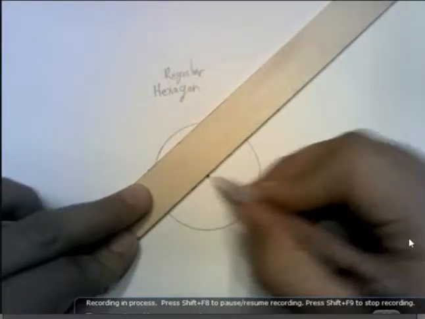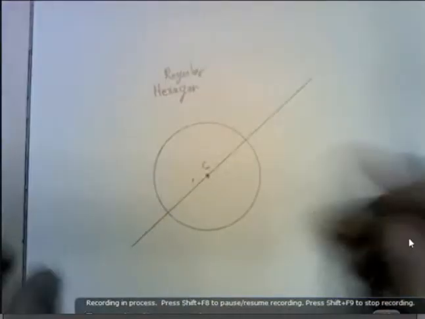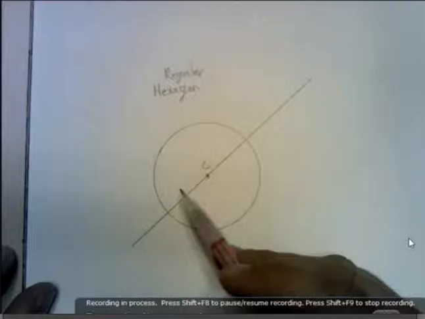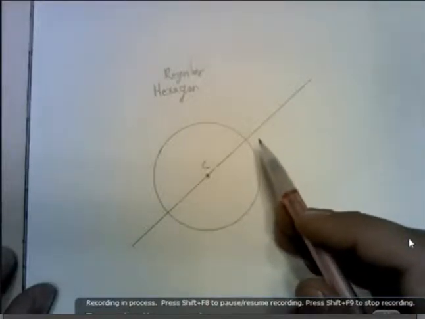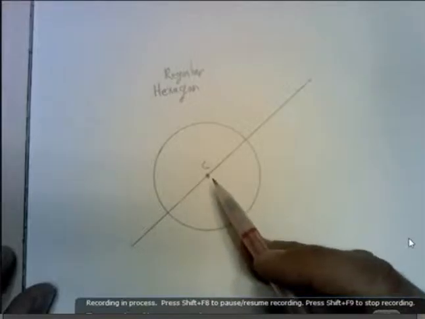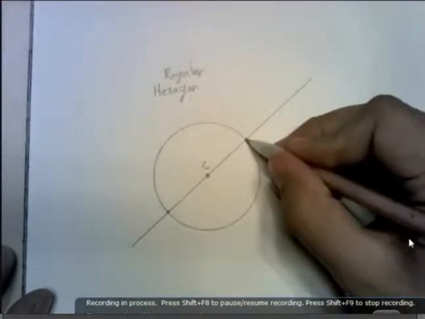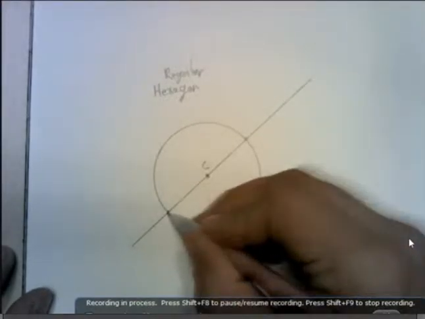First thing you want to do is draw a line or line segment that is going to intersect your circle twice, once over here and once over here, and also goes directly through the center of your circle, that point C, where we started from. And we can go ahead and mark our intersection points.